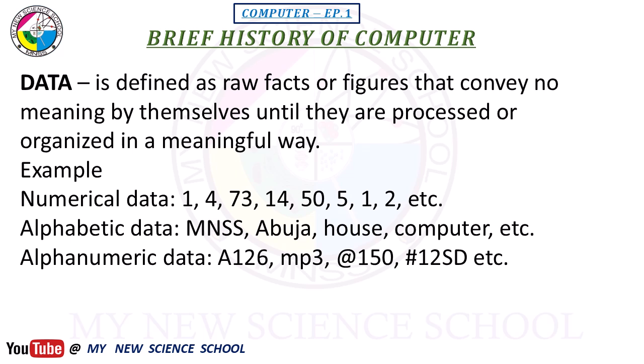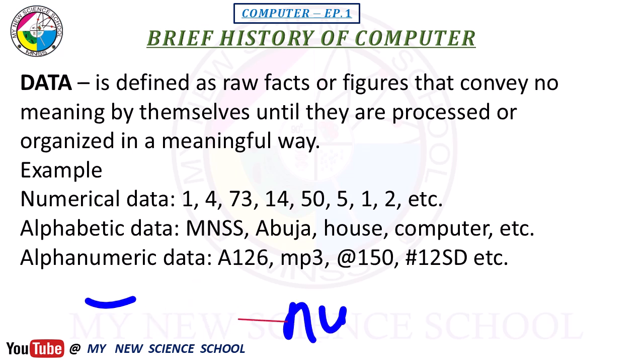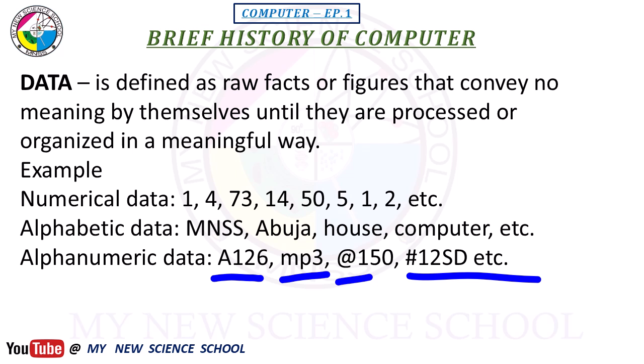Alphanumeric data are a combination of alphabets and numbers: alpha means alphabet, and numeric means numbers. Alphanumeric data include A126 and MP3 at 150. All these are alphanumeric data.